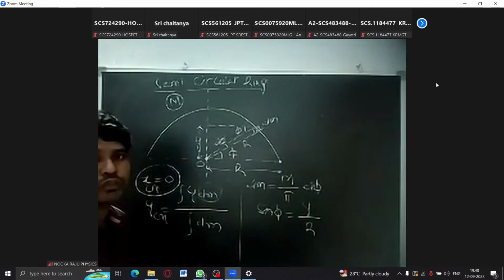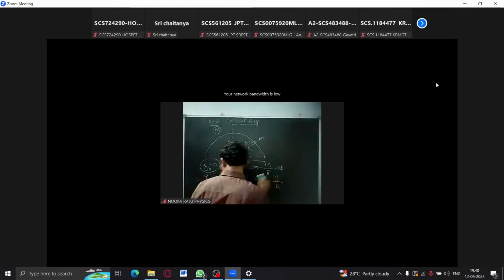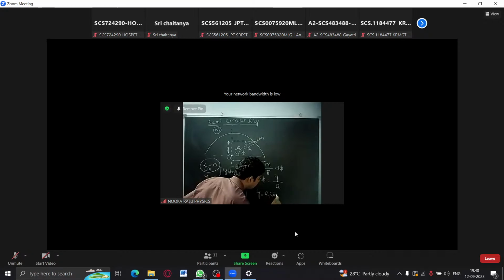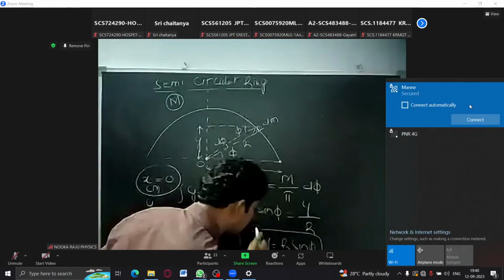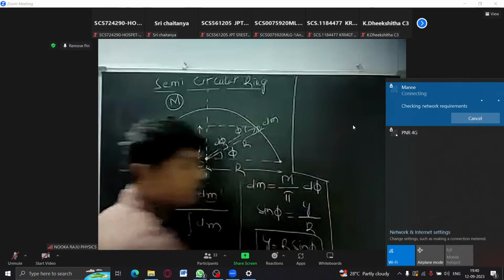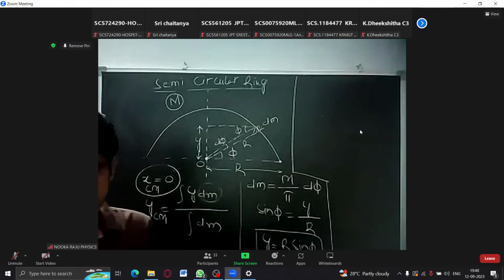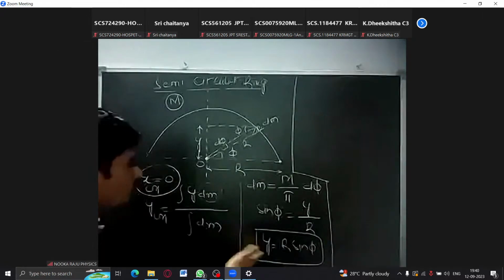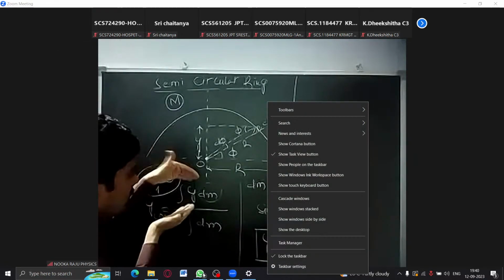Sin pi equals y by r. So therefore, what about the y value? Therefore, y equals r sin pi. Up to here, right? This is the y value.